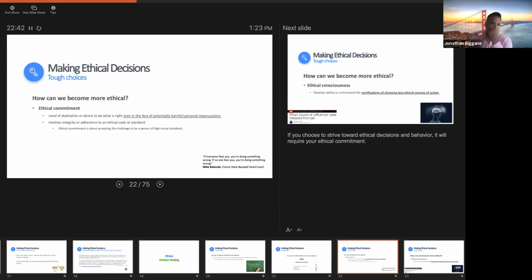In order to be ethical, we have to do a couple things. First, we have to have ethical commitment. This is a level of dedication and or desire to do what's right, even in the face of potentially harmful personal repercussions. And that's really key because if the situation is right, it's easy to be ethical.